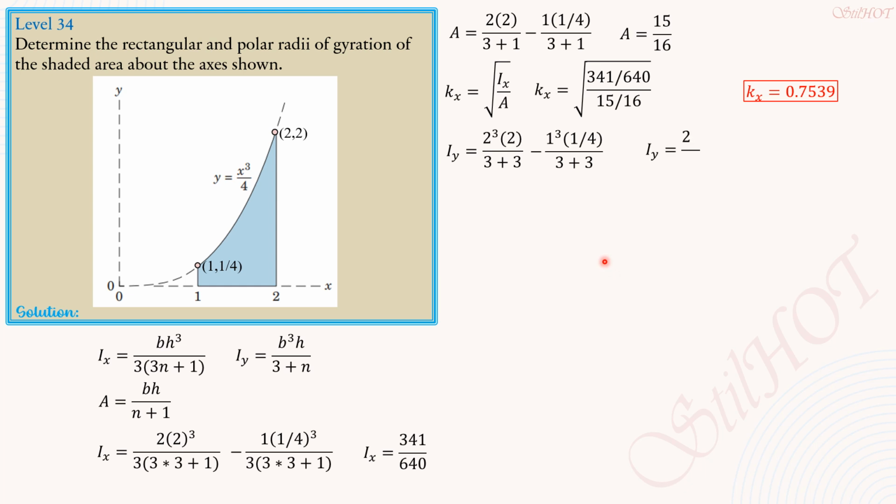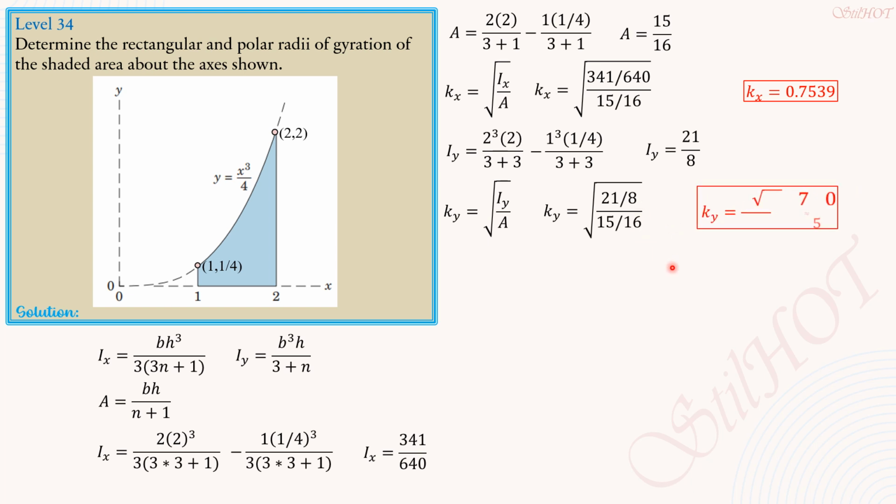So Iy is equal to 21 over 8. Then the area is the same, 15 over 16. So therefore Ky is the square root of 21 over 8 over 15 over 16. Using the calculator, it is equal to the square root of 70 over 5, or approximately 1.673.